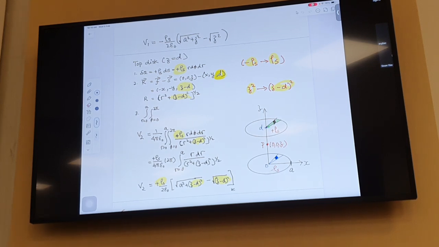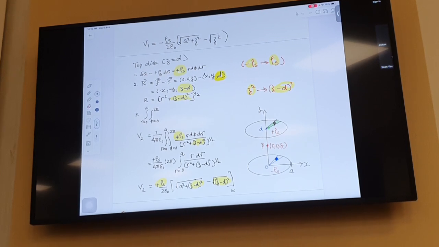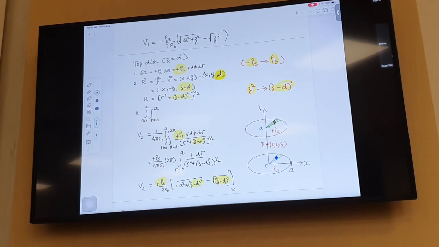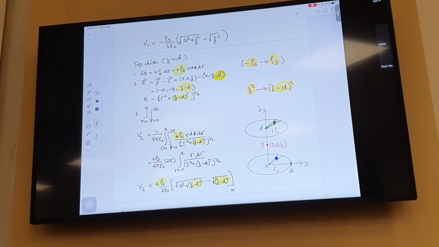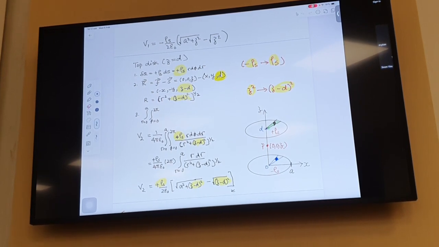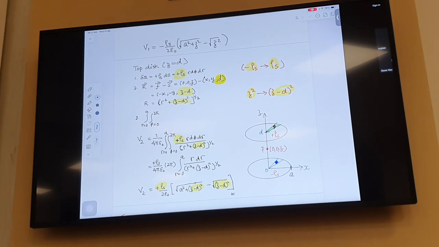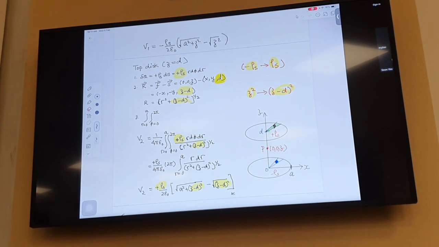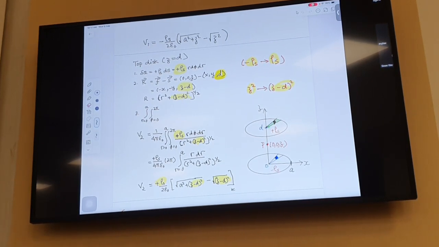First delta Q plus rho s ds. ds is the same, either top or bottom, r divided by r. Distance from here to here doesn't matter whether this point is here or here, it is still field point minus source point. The vector is always field point minus source point, that gives you the vector direction.